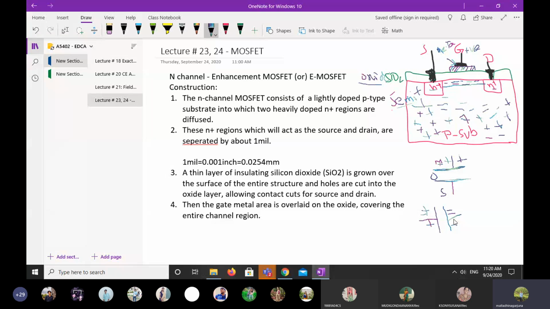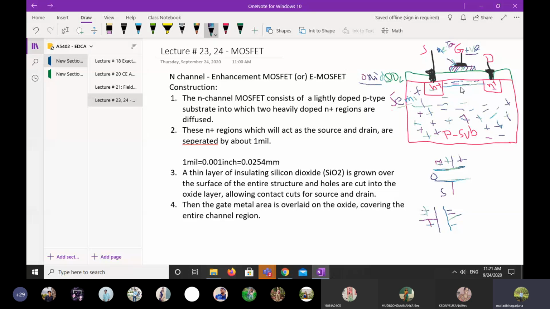So this is also looking like the capacitor. You are applying the positive, but here you are attracting the negative, so it acts as a parallel capacitor. That is the MOS, metal oxide semiconductor. Another name for the MOSFET is IGFET, insulated gate field effect transistor. What is insulated? Insulated is nothing but that inversion layer.